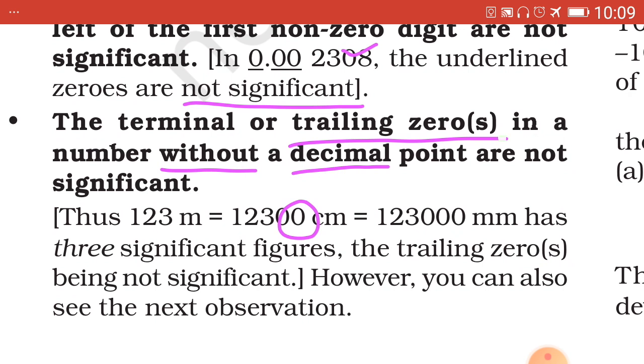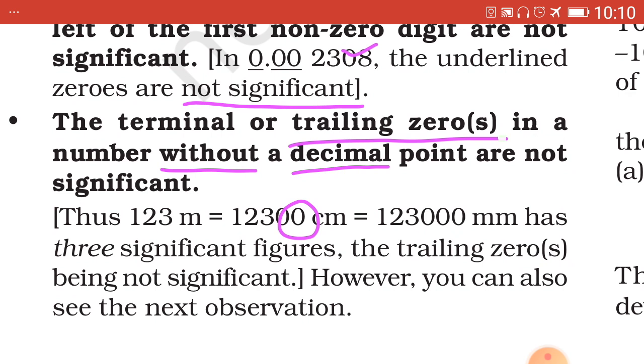Say 123 meter equals 12300 centimeter equals 123,000 millimeter. Now the 2 zeros in centimeter and 3 zeros in millimeter are not significant. Hence the total number of significant figures in all three cases is 3 only.